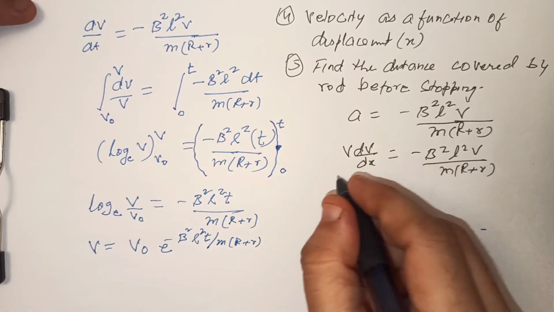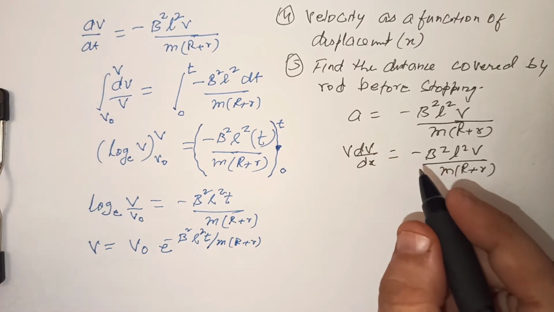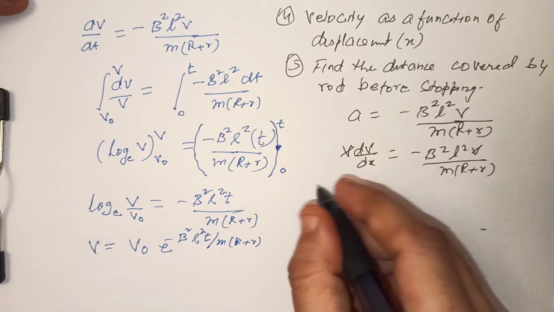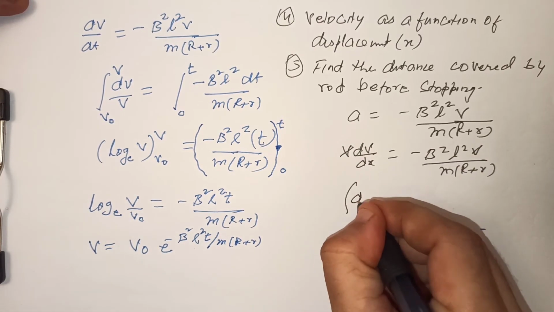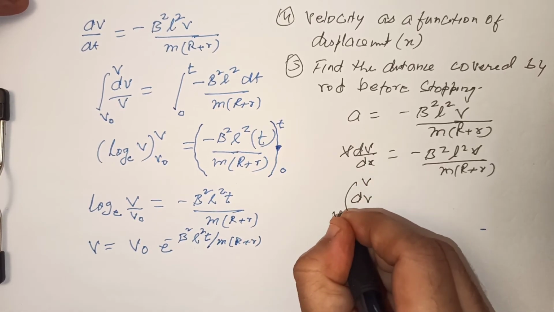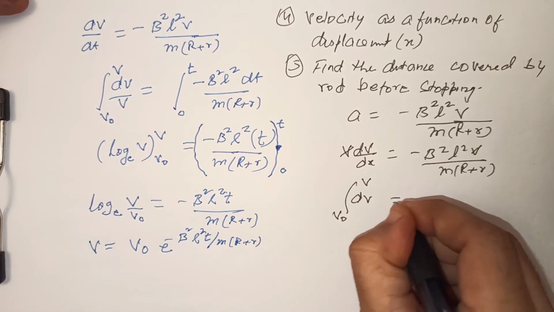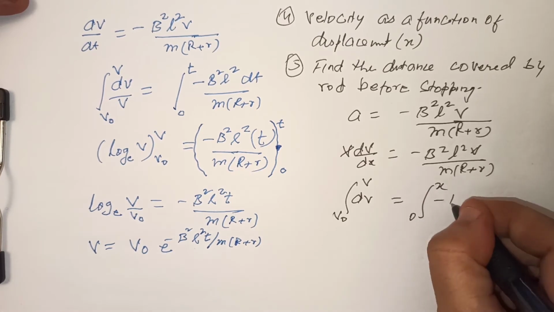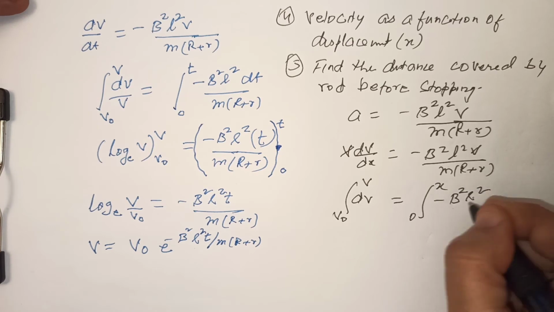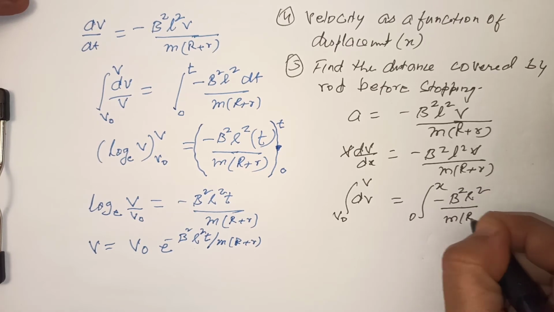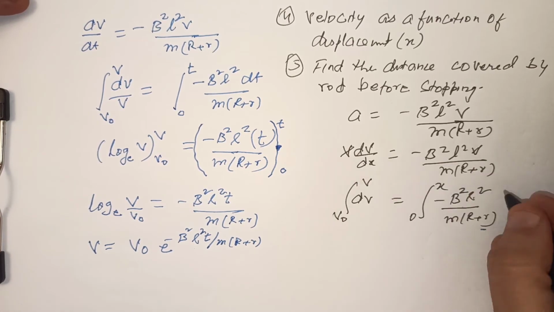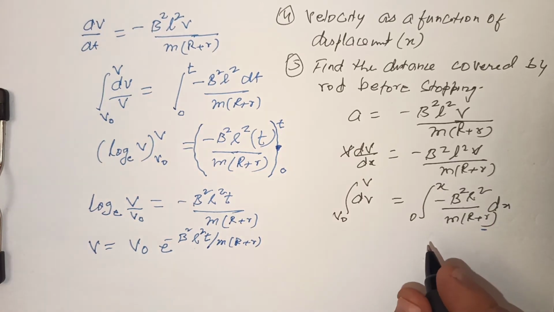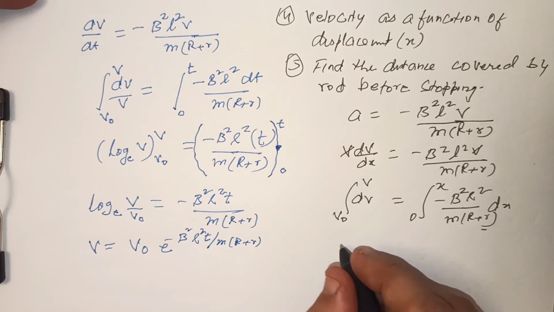Before integration, let me first cancel this, right? Now I can integrate this from v naught to v, and x from 0 to x, correct? And we are integrating this B square L square by M into R plus r, and this dx has gone this side. Now if I integrate it, it becomes what?